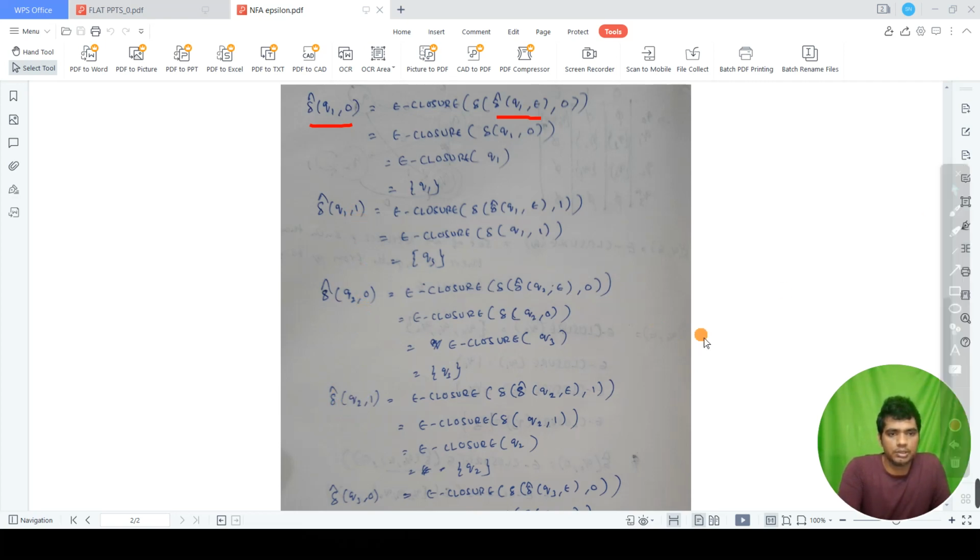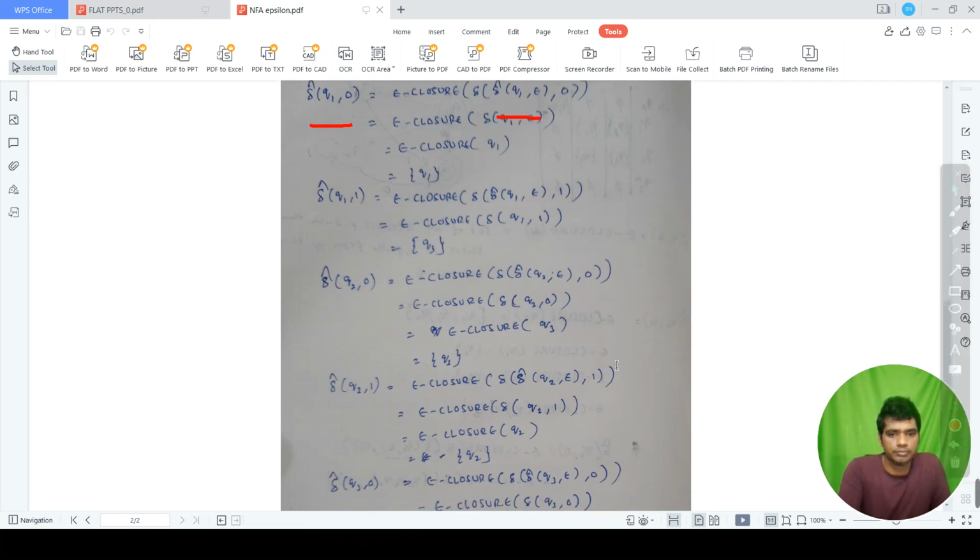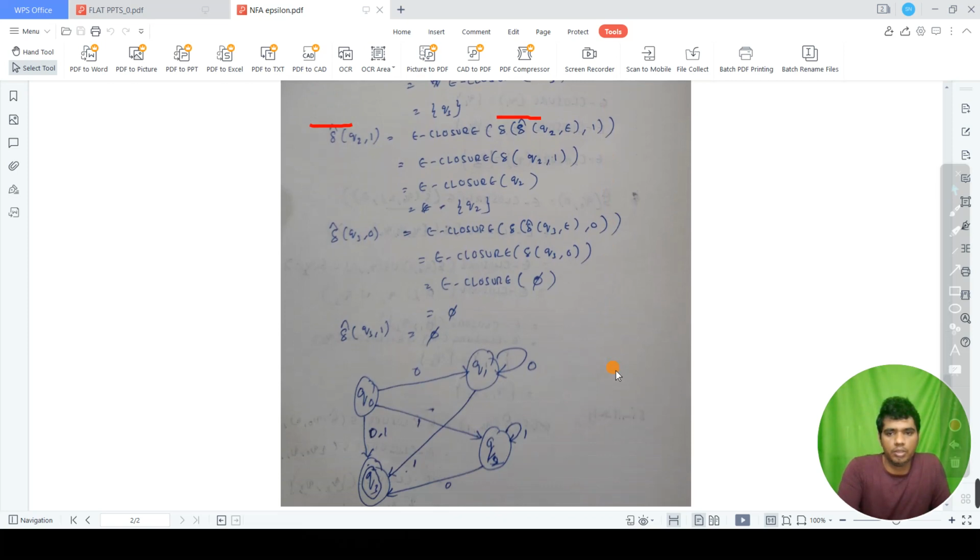So you'll get some set of states like this. Now you draw the state diagram. So now we got that Q naught on 0, the next states are Q1 and Q3. Okay. So Q naught on 0, Q1, Q naught on 0, Q3. There are two transitions from Q naught on input 0. Okay.